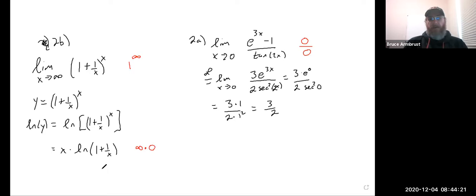And the natural log of 1 is 0. So it's still indeterminate form, but it's getting a lot closer. And we know what we need to do when we have 0 times infinity. We just need to turn this into a division problem. So I either have to divide by 1 over x or divide by 1 over the natural log of 1 plus 1 over x. Well, I'm going to choose the easier.